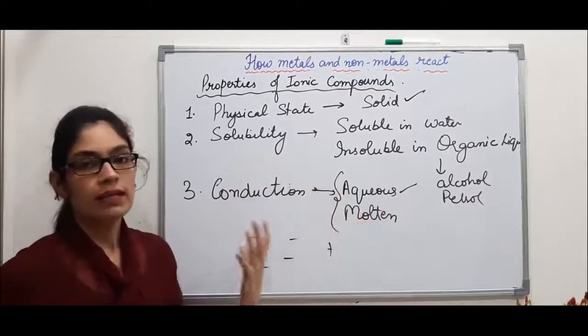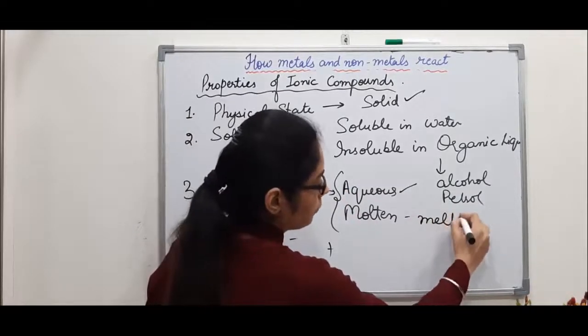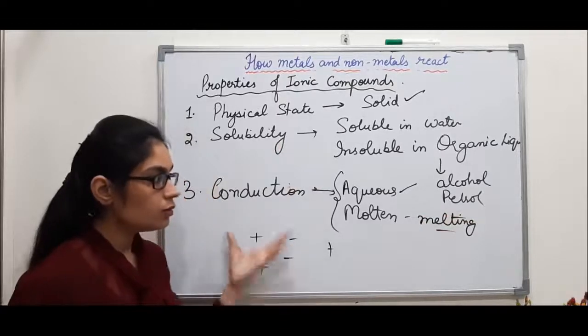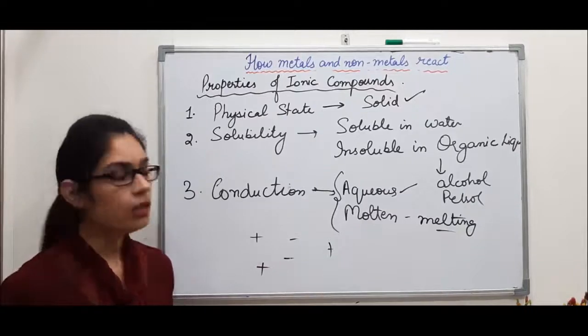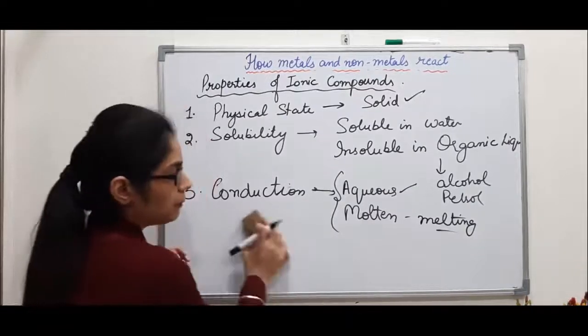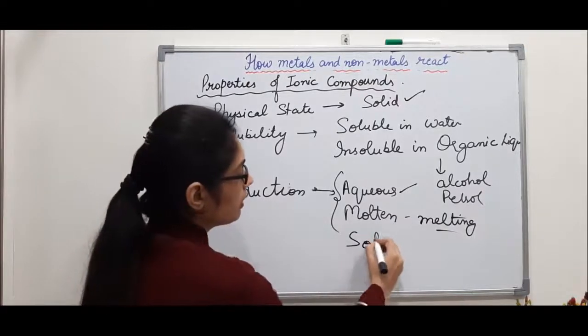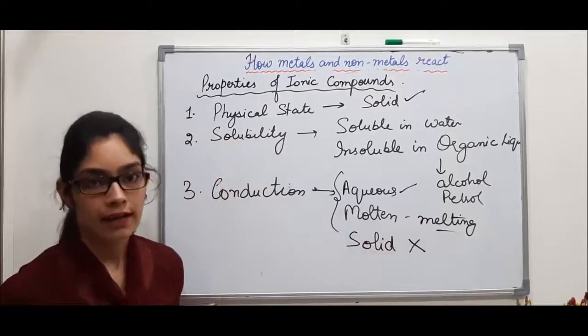And in molten state, molten means melted state, or when they are melted. Again, when they are in molten state, the charges will be in motion, due to which they will be able to conduct electricity, but they won't conduct electricity in solid state, because in solid state charges are at rest.